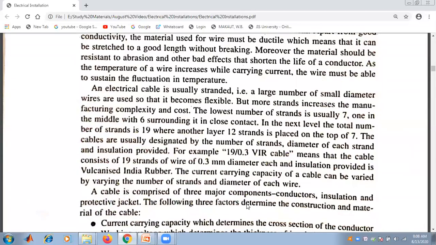The current carrying capacity of each cable can be varied by varying the number of strands and the diameter of each wire.